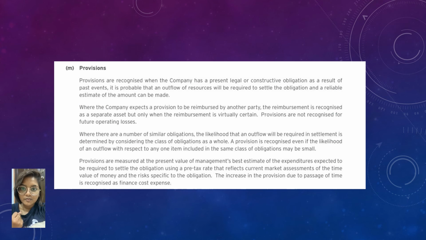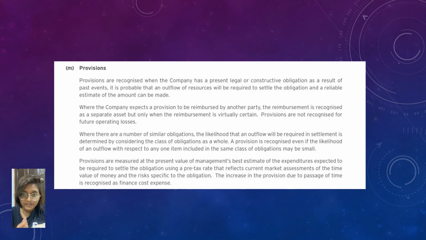Provisions are recognized when the company has a present legal or constructive obligation as a result of past events, it is probable that an outflow of resources will be required to settle the obligation, and a reliable estimate of the amount can be made.